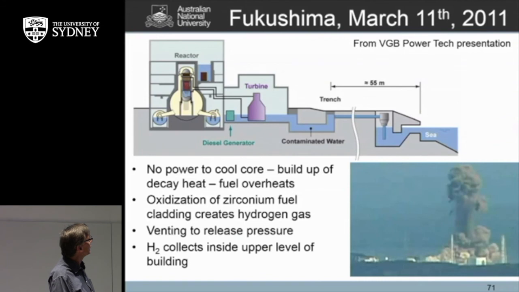I think people are being prosecuted for not taking advice on some of the safety strategies. The diesel generators for the backup power are effectively in the basement, and when the tsunami came in, it flooded the diesel generators, which meant that although the reactor was turned off, there was no way to cool the core.